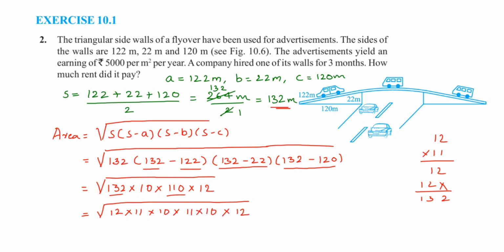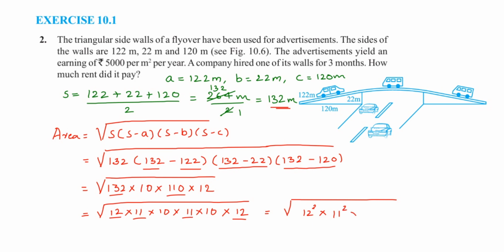Now you can see that all are in pair. Now we know how to find this. So if the numbers are in pair, we can easily find the square root. So this 12 and this 12 we can write as 12 square, times 11 and 11 we can write as 11 square, times 10 times 10 is 10 square.